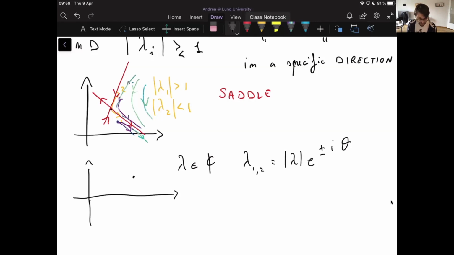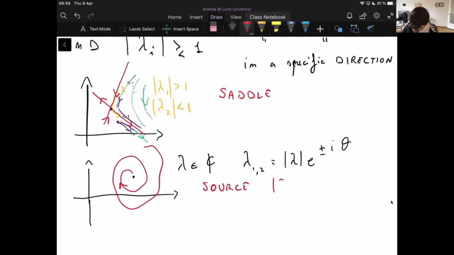And so these indicate a spiraling structure. And this can be either a source, so when it goes inside, when the modulus of lambda is smaller than 1, or can be repelling when the modulus of lambda is greater than 1.